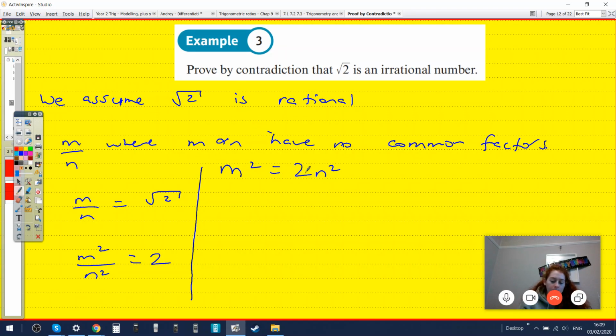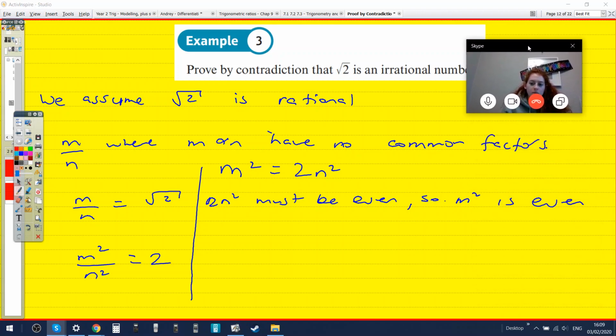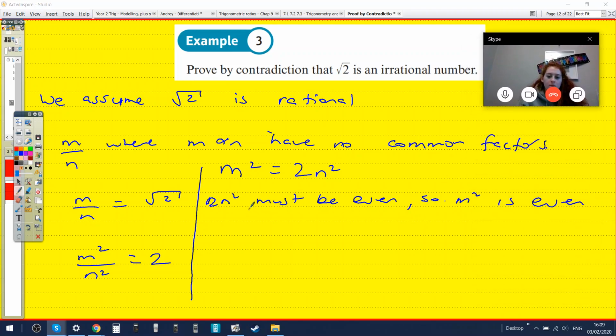So basically, 2n squared must be even because it's times 2. So m squared must be even. And so, but that creates a problem.